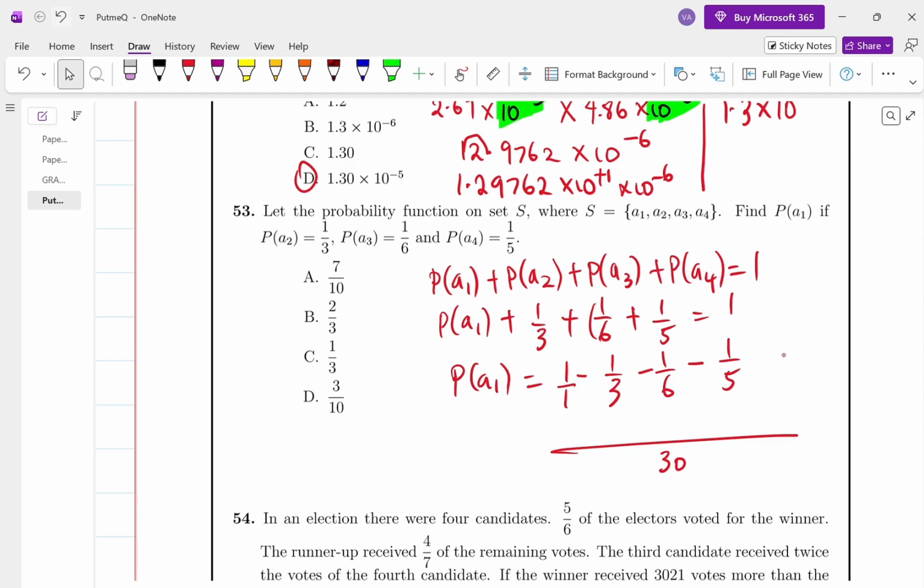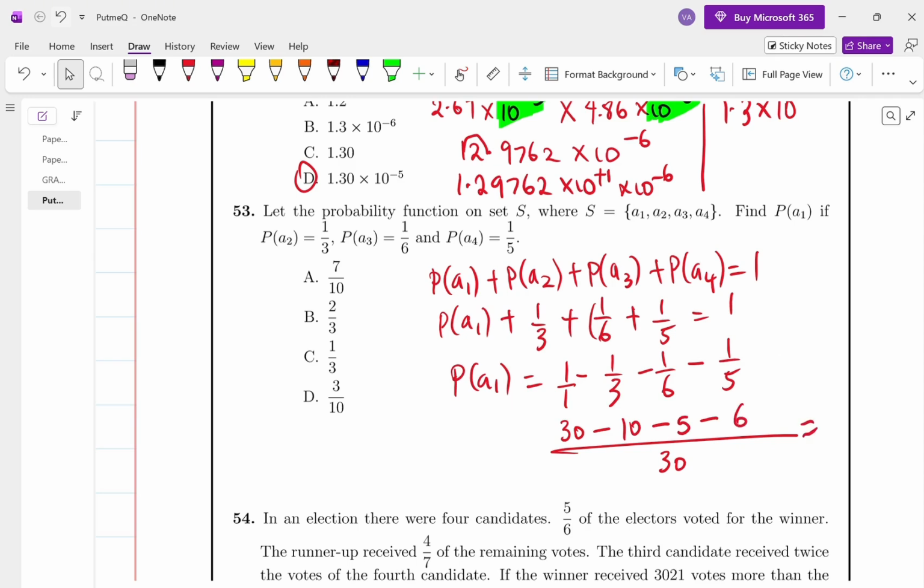So 30 divided by 1 is 30, times 1 is 30, minus 30 divided by 3, that gives 10, 10 times 1 is 10. Minus 30 divided by 6 is 5, 5 times 1 is 5. Minus 30 divided by 5 is 6, 6 times 1 is 6.